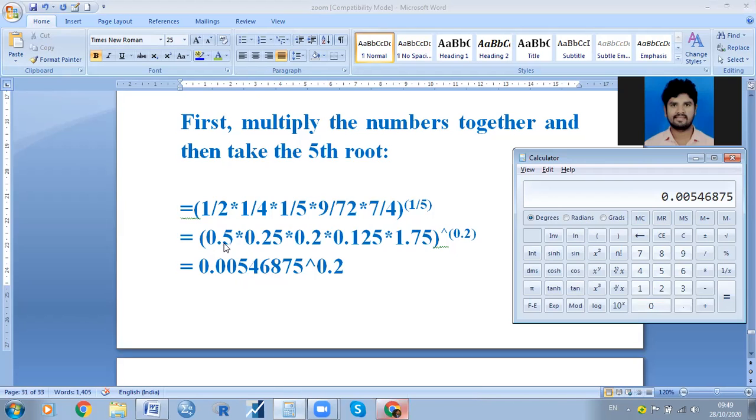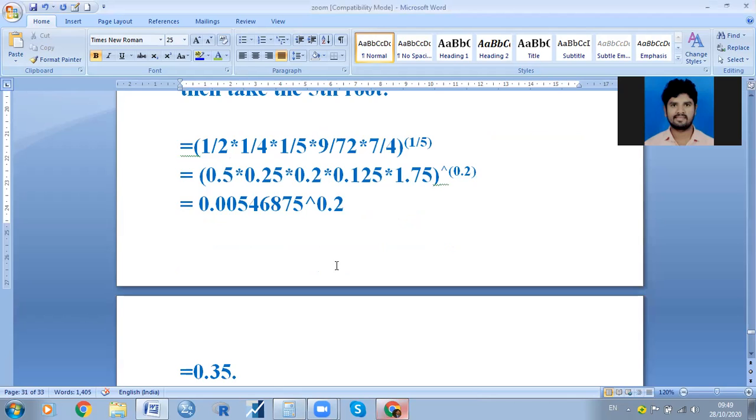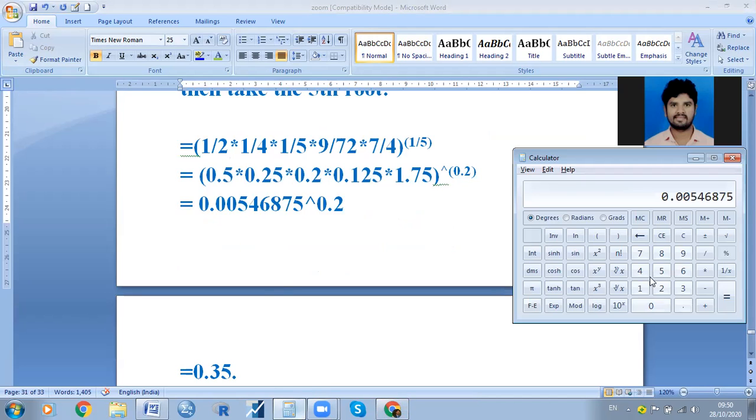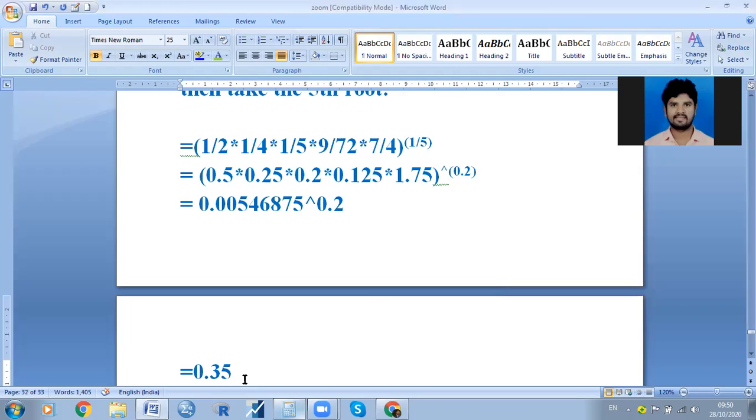When you multiply these 5 values, 0.5, 0.25, 0.2, 0.125, 1.75, you will get 0.0054. Then the power of 0.2. Then when you calculate x power y with 0.2, you will get 0.352. So 0.35 is the answer.